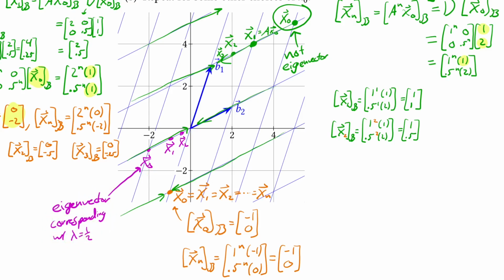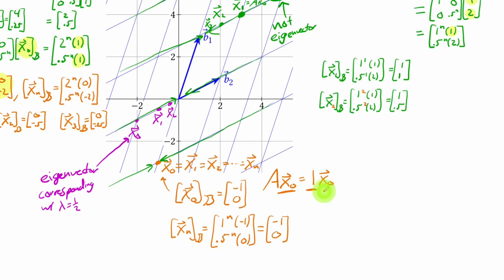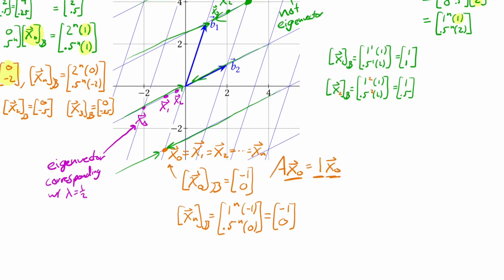And also, if you have multiples of b1 with this example, multiplying them by A doesn't change them at all. Like with this orange one here, any power of A multiplied by it doesn't change it. So A times this orange x0 is just 1 times x0. So that's an eigenvector that corresponds with eigenvalue 1.